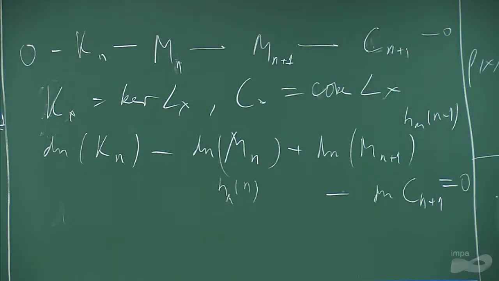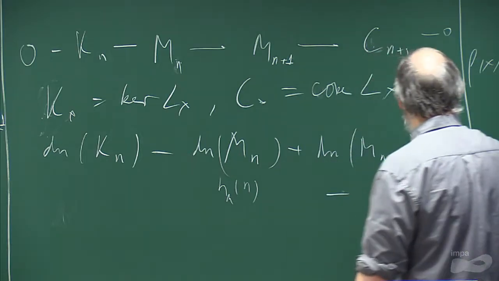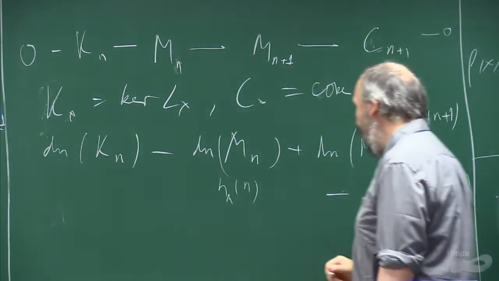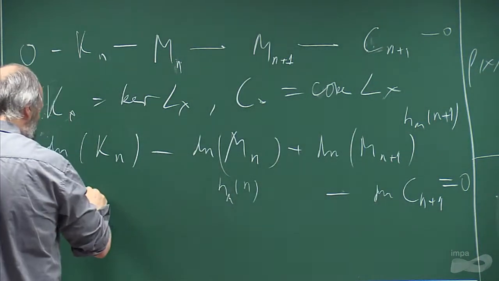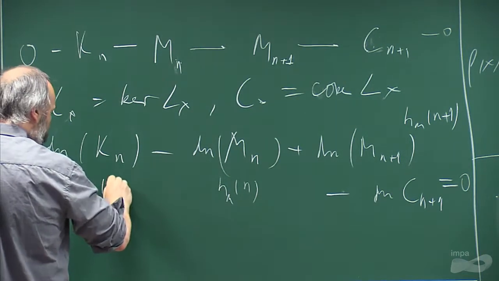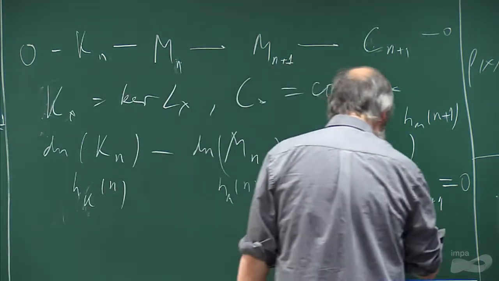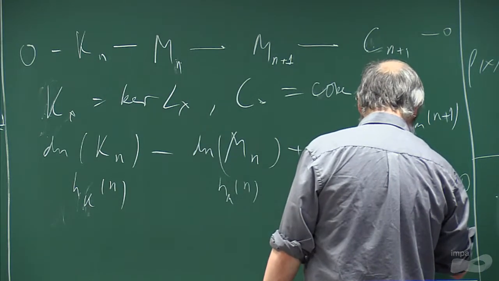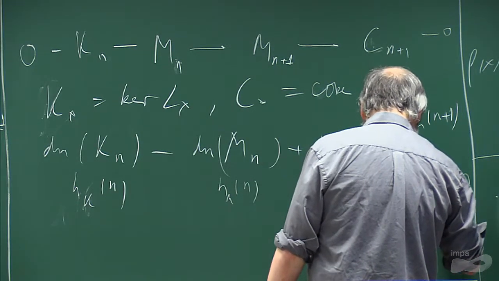Is it minus or plus? I'm always confused. Plus, of course. Here you have H_K(n), and here you have H_K(n+1).